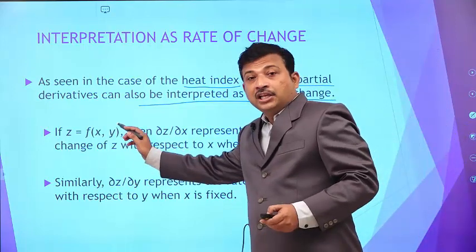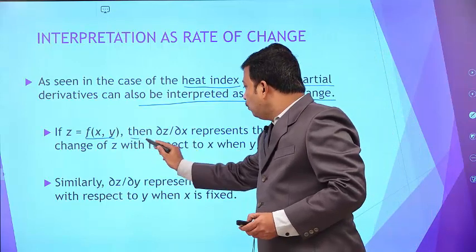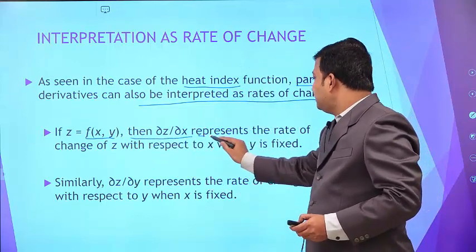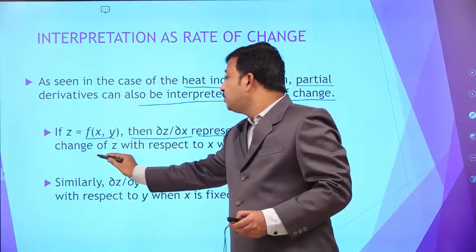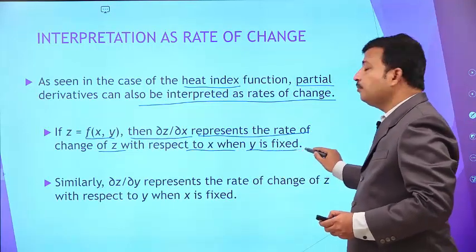So let us take z equal to f(x, y). Then ∂z/∂x represents the rate of change of z with respect to x when y is fixed.